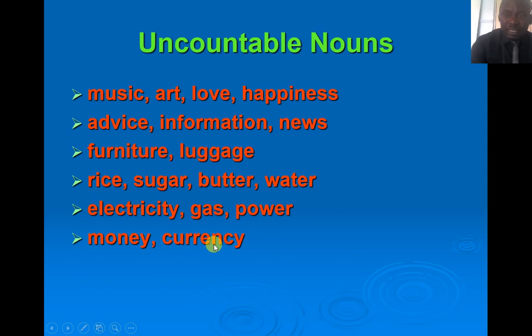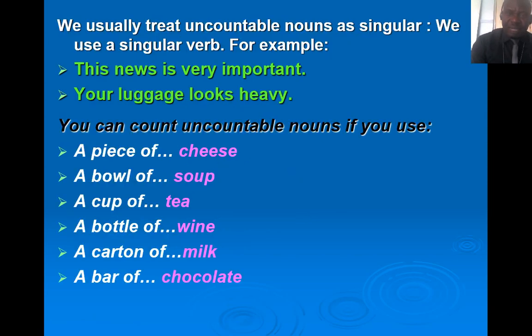So those are examples of uncountable nouns. Now, talking about partitives with uncountable nouns, you have it down here.